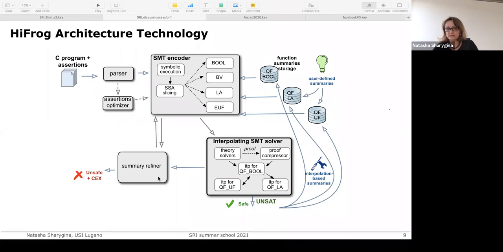The refinement is going to exploit an SMT solver again to help us identify which part of the program, the encoding, or the formula was responsible for spurious failures. It's a counterexample analysis. It's a traversal of the proof produced by the solver, trying to localize the failure parts, and then you start refining.